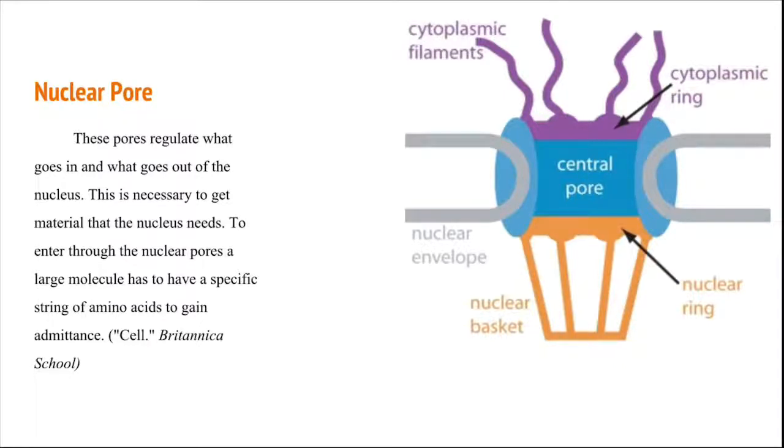What one thing has to have to get in is a specific string of amino acids, and these amino acids allow them to enter through the nuclear pore. These amino acids are attached to proteins like RNA or DNA polymerase, and then these proteins enter the cell nucleus and do their assigned tasks.